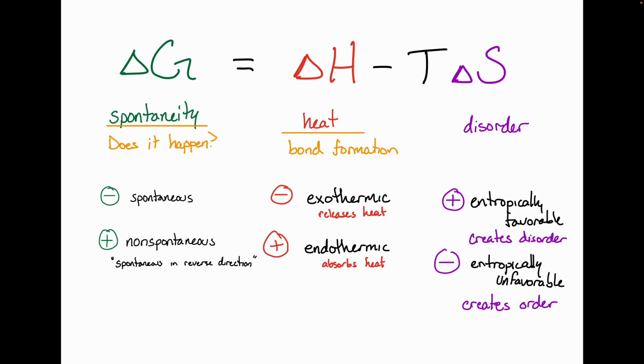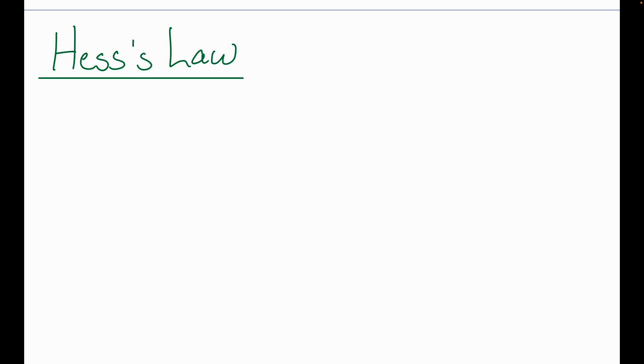Cool. So how are we going to use these variables? Last semester, when you talked about thermochemistry, you were already introduced to this delta H variable. There's a very important principle called Hess's law that made that thermodynamic variable much more usable and convenient.